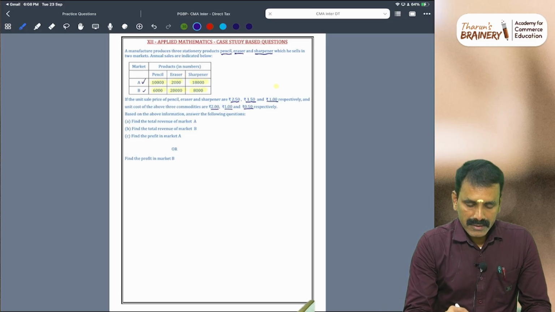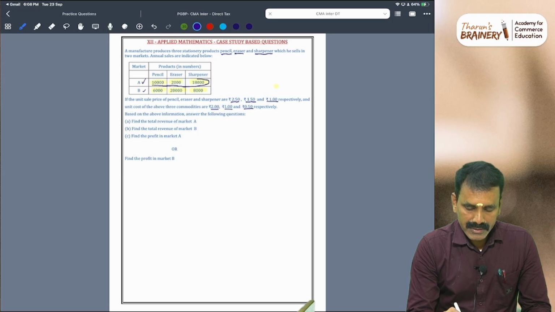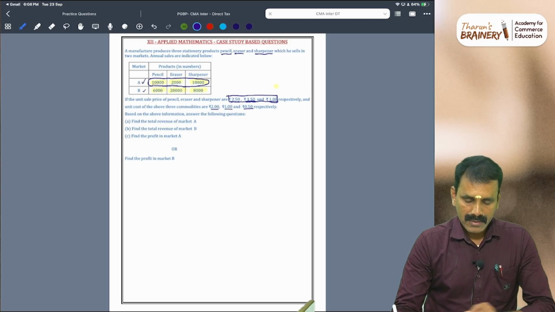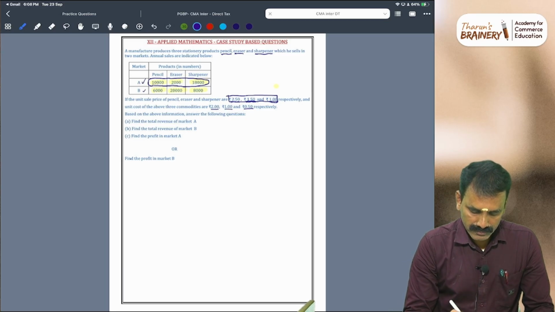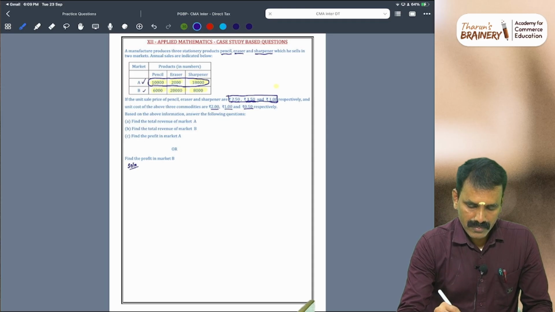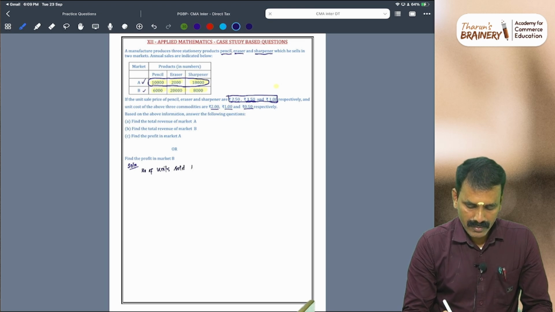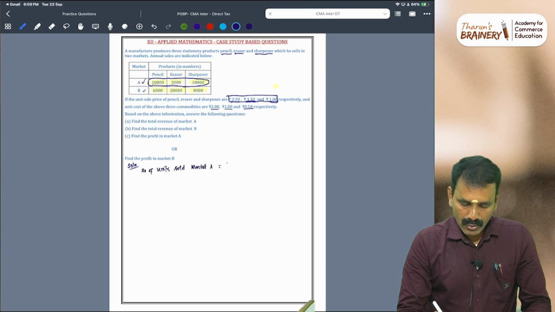We are going to write the number of units sold as a row matrix, and the selling price and the cost price will be written in column matrices. So, number of units sold in market A is going to be written as a row matrix.